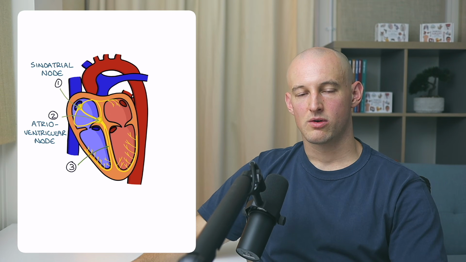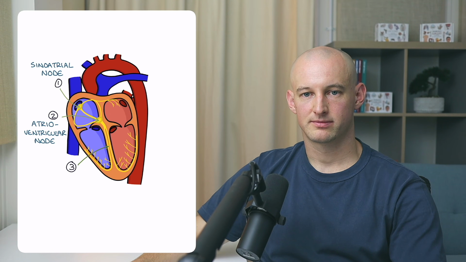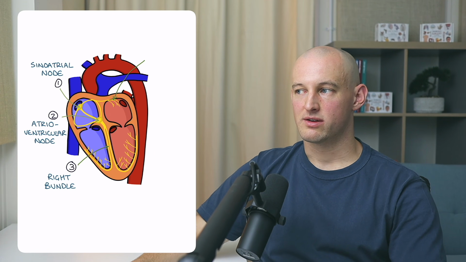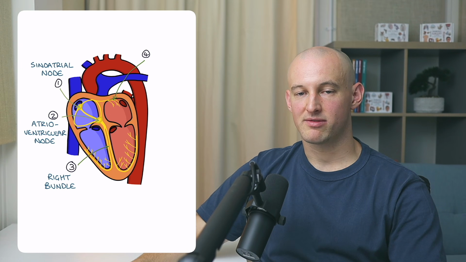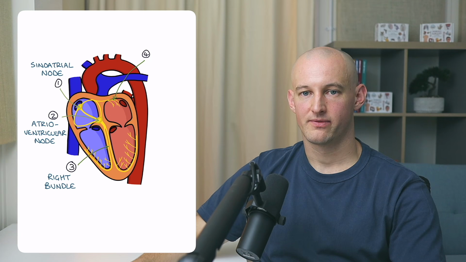Question 3. What is the name of this sort of electrical wiring that takes the signals to the right ventricle? This is the right bundle. Question 4. What is the name of this kind of wiring that takes signals across to the left atrium?